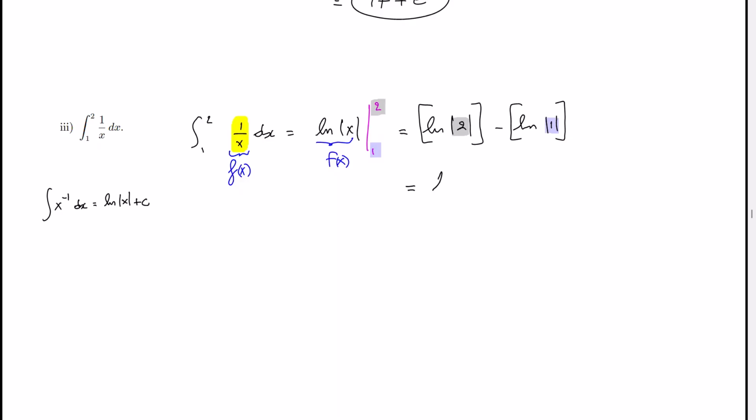Now, ln of 2 is some random number, and I don't need to write down the absolute values anymore, so I'm just going to put parentheses, because 2 is already positive. It doesn't need absolute values around it. ln of 1, you may recall from another course or earlier in the semester, is equal to 0. So this is ln of 2 minus 0, which is ln of 2. So my final answer is ln of 2.